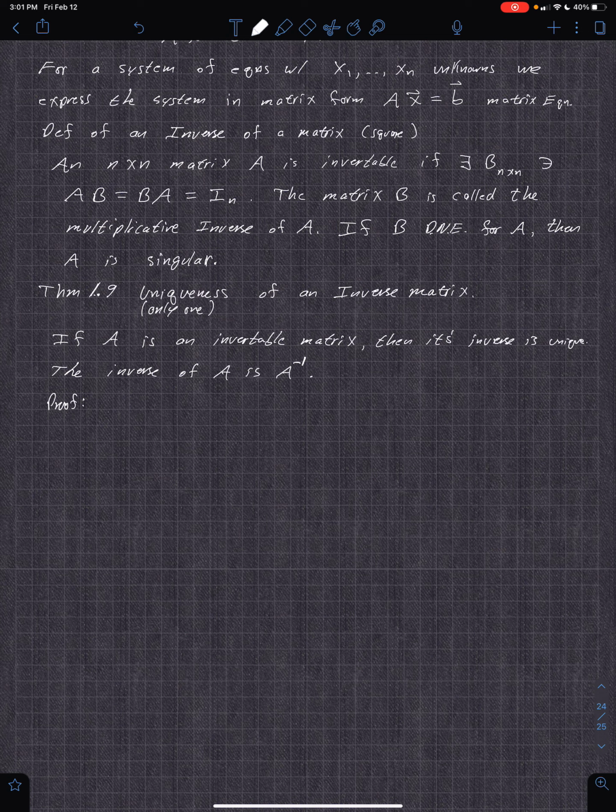So to do this proof, we need to have a matrix that's invertible. It says if A is an invertible matrix. This is our hypothesis. So we need to stick with that and assume A is invertible before we can try to show any of the rest of this. So first you say proof, then you say assume A is invertible.